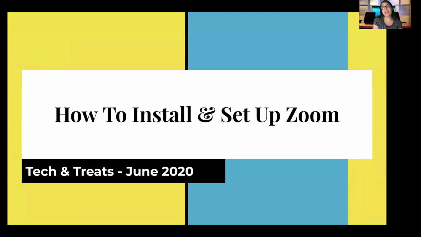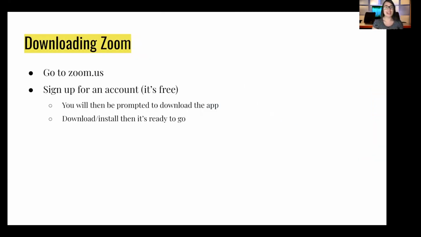All right, and so now we're on how to install and set up Zoom. So downloading Zoom, obviously, if you're in this meeting, clearly you got Zoom downloaded, you're running it right now, but it's a very easy process. You go to the website, which is zoom.us, and then you can sign up for an account. It's totally free.